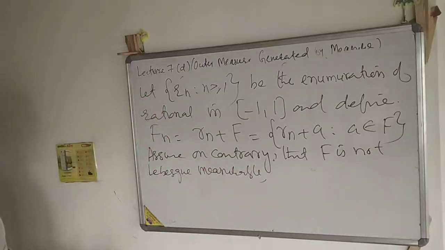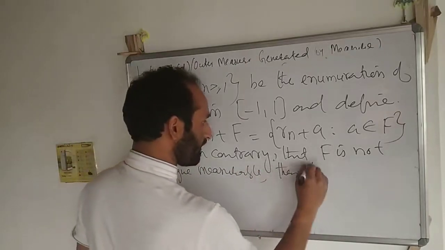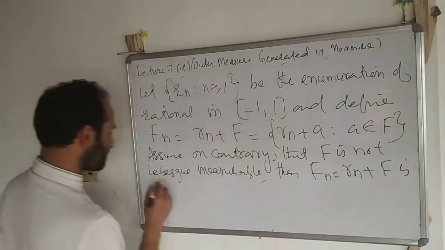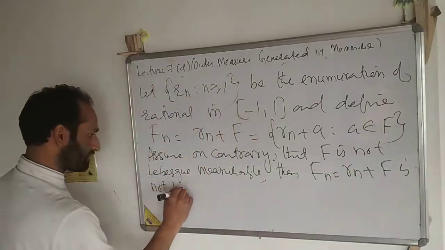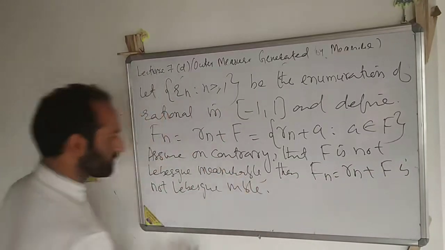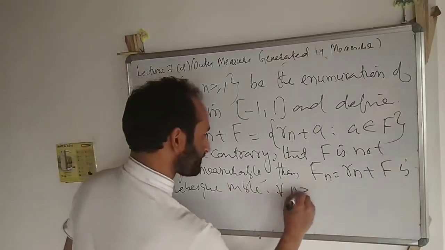Then by the previous lemma, R_n plus F is also not Lebesgue measurable. Then F_n, which is equal to R_n plus F, is not Lebesgue measurable for all n greater than or equal to 1.